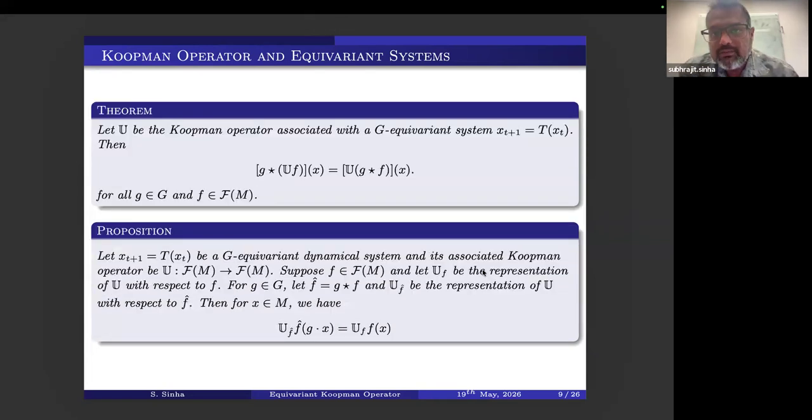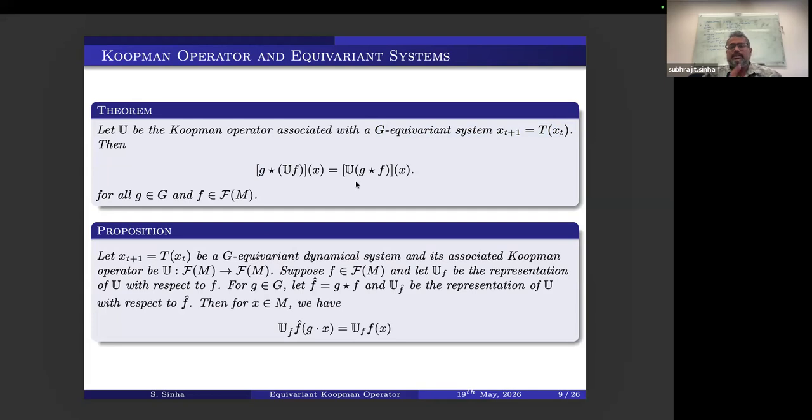So now we have the following result. This is one of the main results of this work: if U is the Koopman operator of a G-equivariant system x(t+1) = T(x(t)), then one can show that the group element commutes with the Koopman operator. So g composed with U is the same as U composed with g.